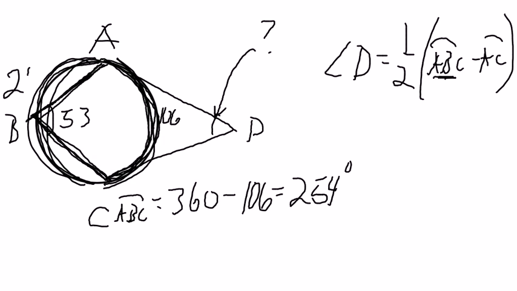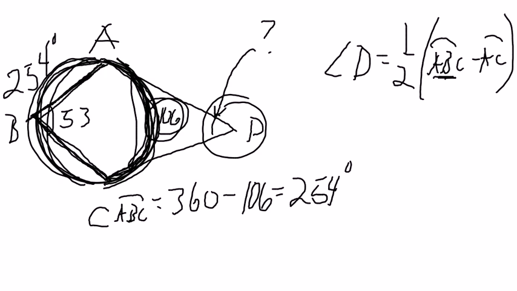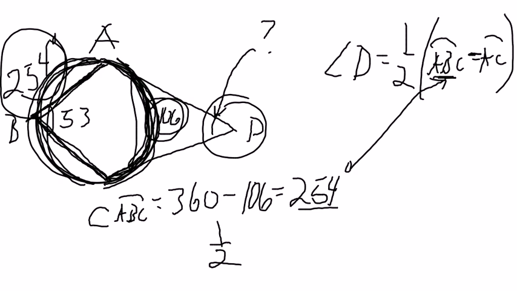Now we can find angle D here because we have this arc is 106 and we have this arc which is 254. So we just substitute 254 for arc ABC, and we're going to subtract these, right? Arc AC we know is 106, so we already have that.